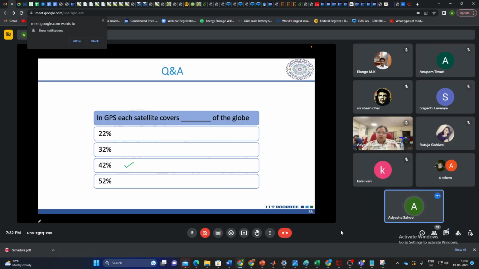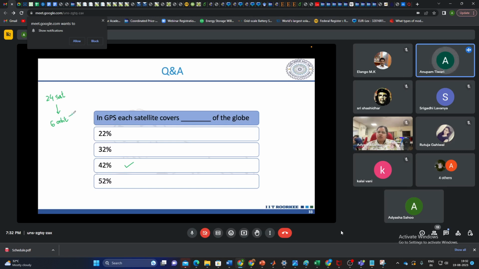If you see Earth as a center and put three satellites at 120 degrees, they will cover the entire Earth. But now one satellite will cover 180 degrees, or 120 degrees.